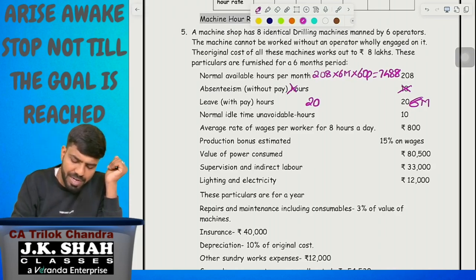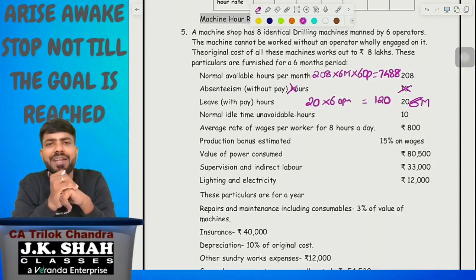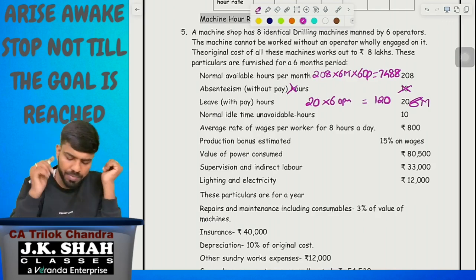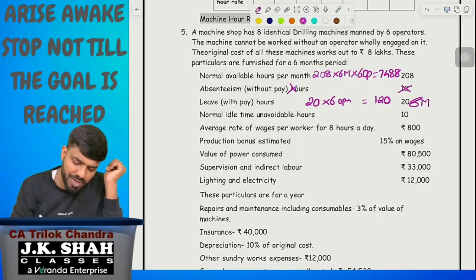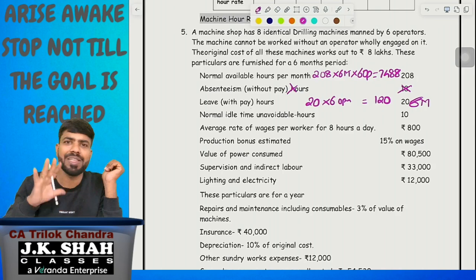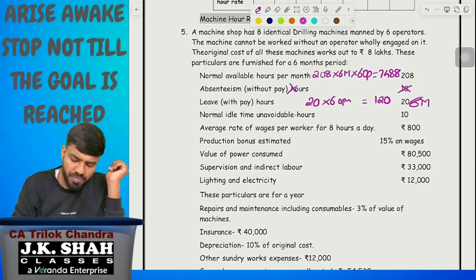Now, 20 into 6 operators equals 120 hours. Next, normal idle time, unavoidable hours. For normal idle time also we are going to make the payment. So 10 hours into 6 operators equals 60. Now what happens?